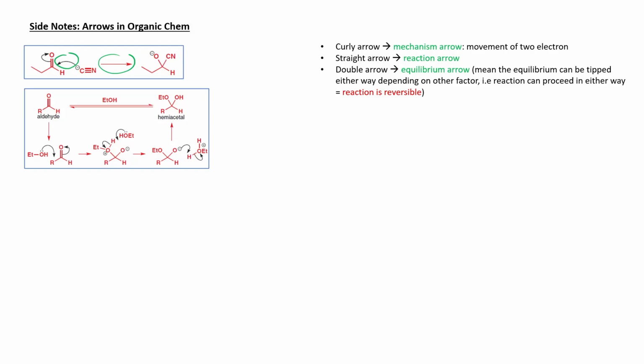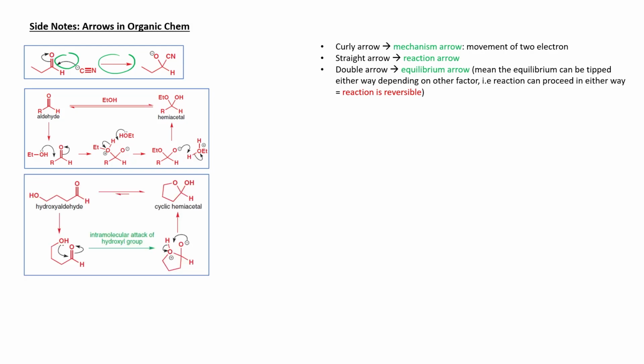The double arrow can be of equal length or different length. So what does reversible mean? It doesn't mean that the reaction, for example from the aldehyde to the hemiacetal, goes back and forth, back and forth. No, it's not like that. It means you can tip the equilibrium depending on the condition.